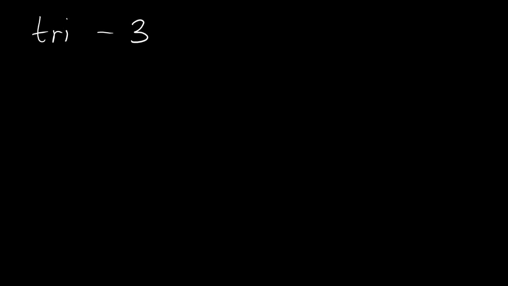Think of tricycle, that's three wheels, or triangle, that's three angles or three sides. Quad means four. You might have heard of quadrilateral, that's four sides. Pent means five. Penta, as in pentagon, means a polygon or shape with five sides.